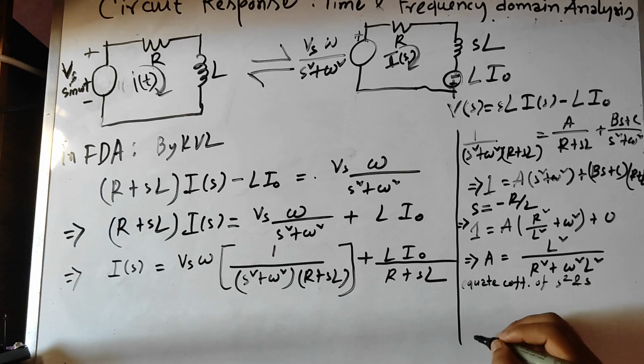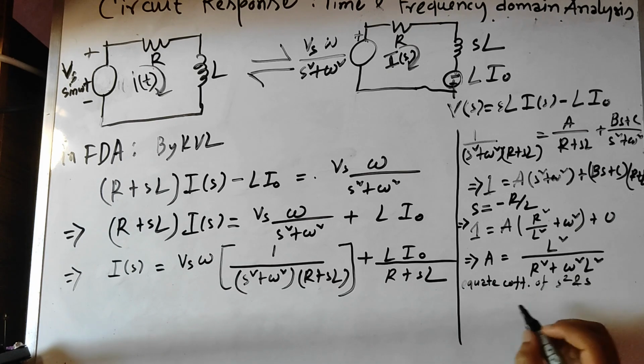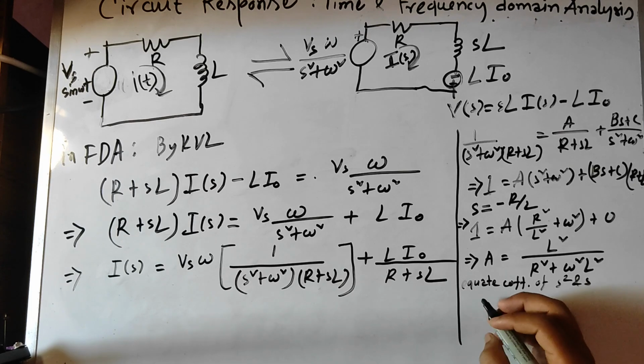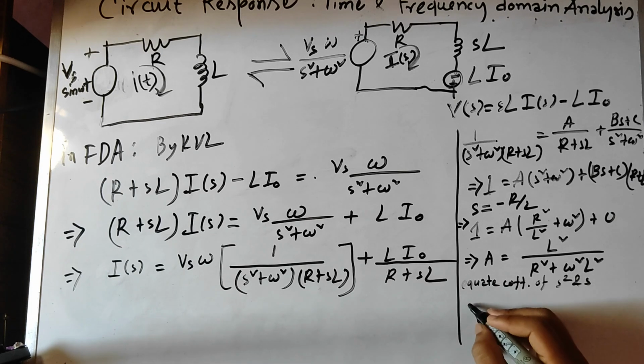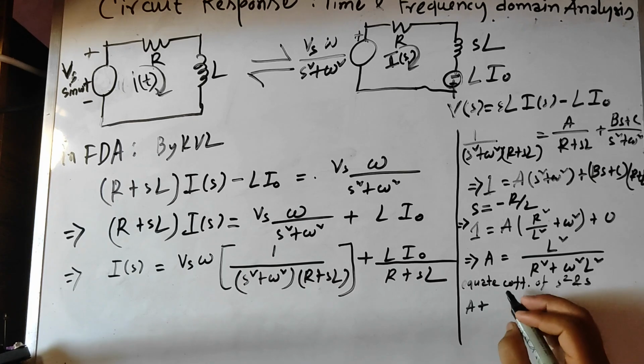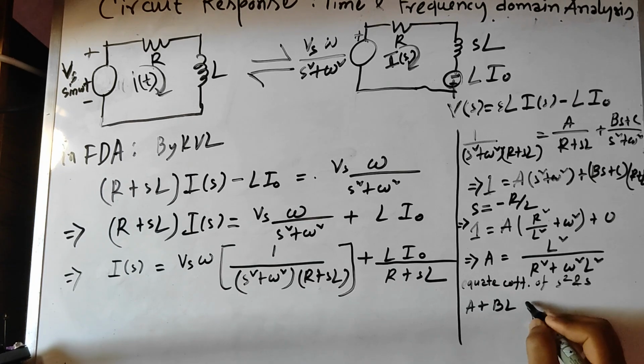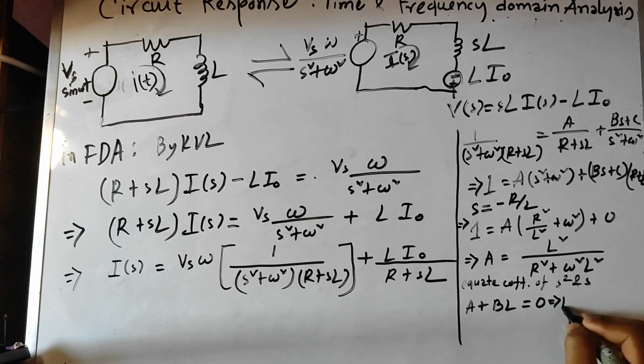For s square, the coefficients will give A plus BL equals 0, which will give B equals L by (R square plus omega square L square), also with a minus sign.